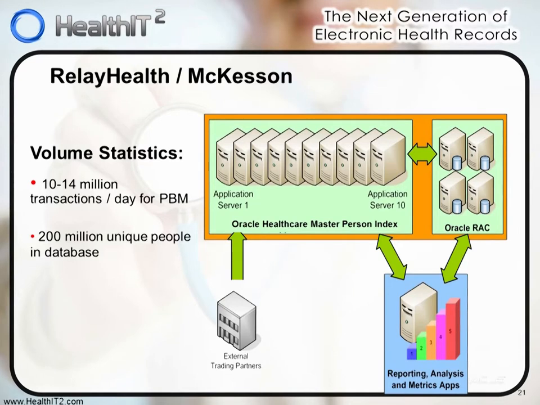In this case, we've got approximately 2/3 to 3/4 of the U.S. population by now indexed in that product. And it's deployed over a large number of application servers, as well as an Oracle RAC cluster to support that scalability. So this is a great example of how the product has scaled to quite large numbers and volumes.